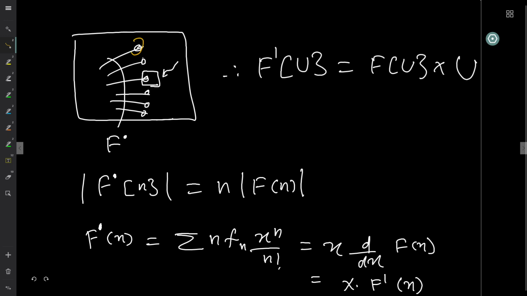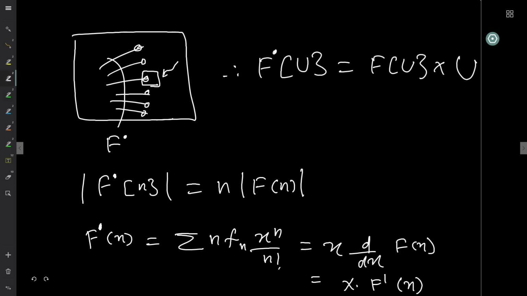We can select any of the elements to be pointed, which means that there is a one-to-one correspondence between the structures on F', basically F pointed, right?